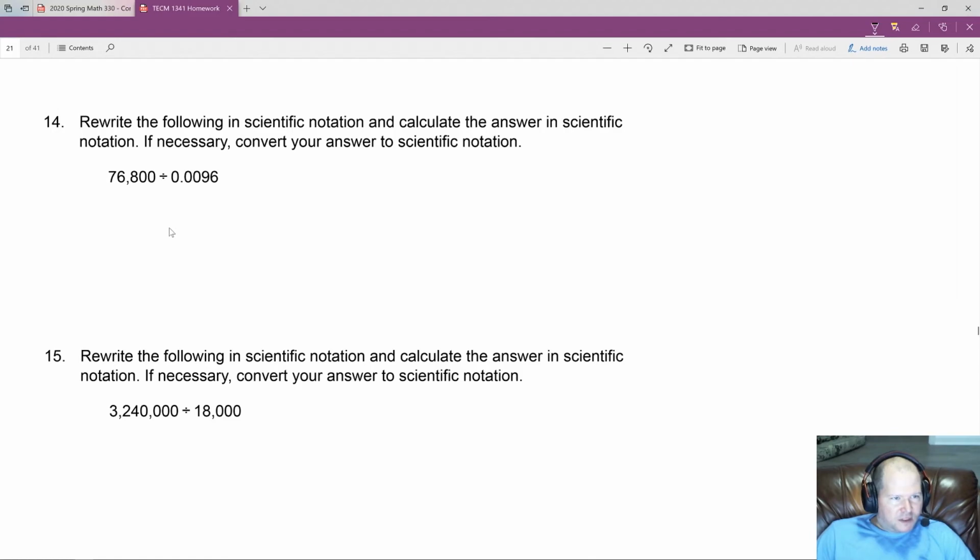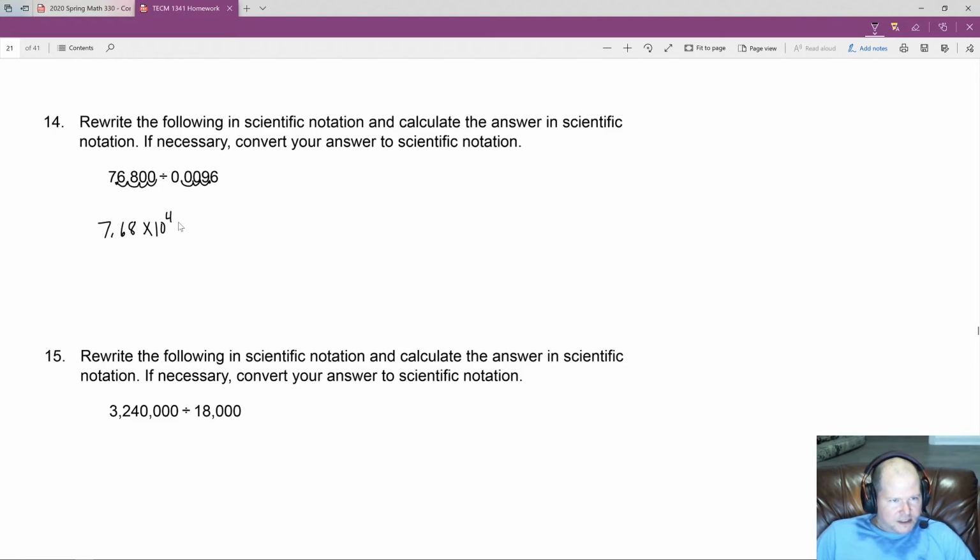So right here we're going to convert 76,800 to scientific notation. So we're going to turn this to 7.68 times 10. Because we had to move it over 1, 2, 3, 4 places, and that was a larger number, it's going to have a positive 4. Over here we're going to move this over 1, 2, 3 places to get it behind the 9.